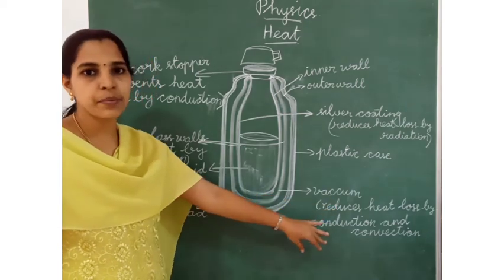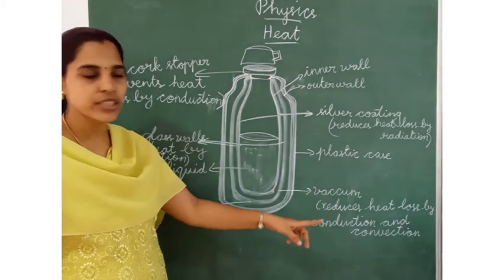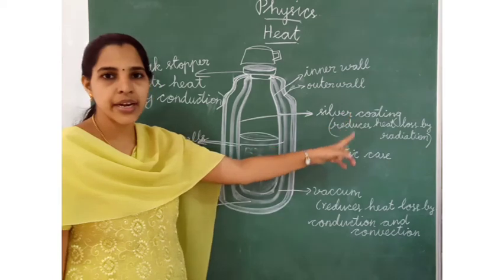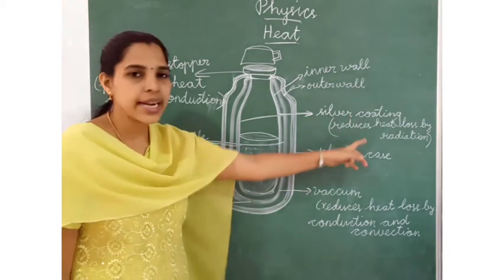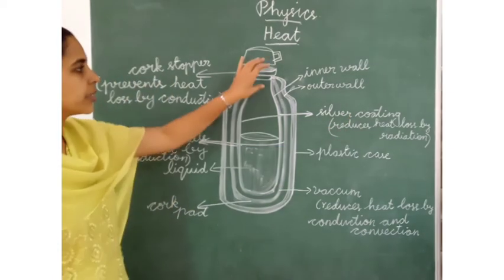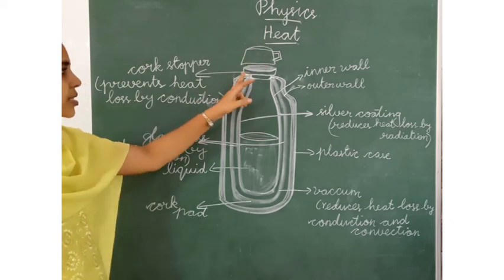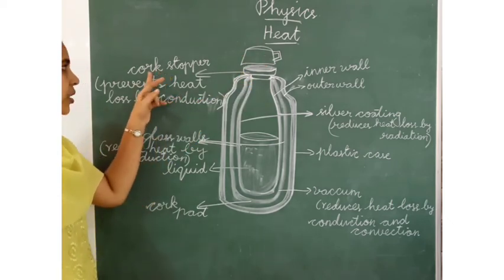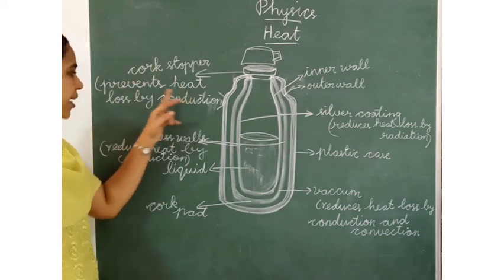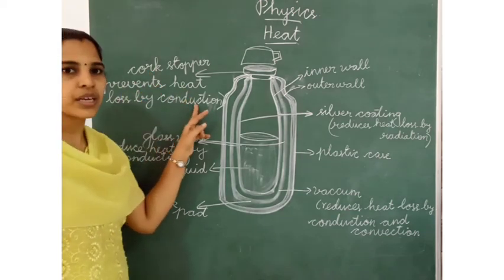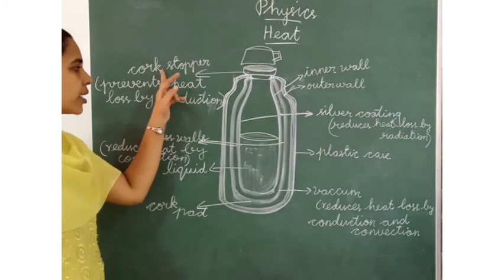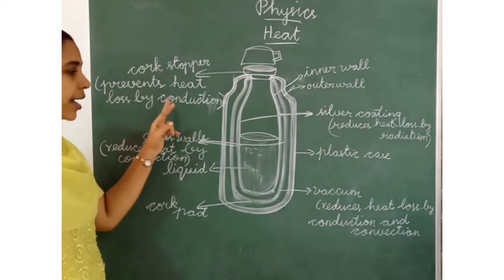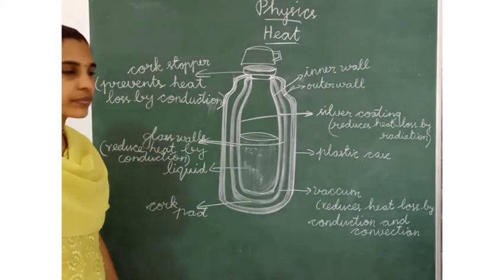The vacuum reduces heat loss by conduction and convection, and the silver coating reduces heat loss by radiation. The mouth of the flask is closed by a cork, so the cork prevents heat loss by convection.